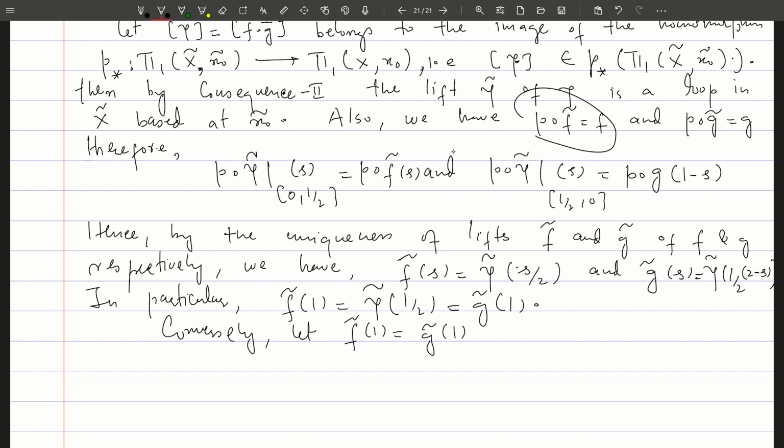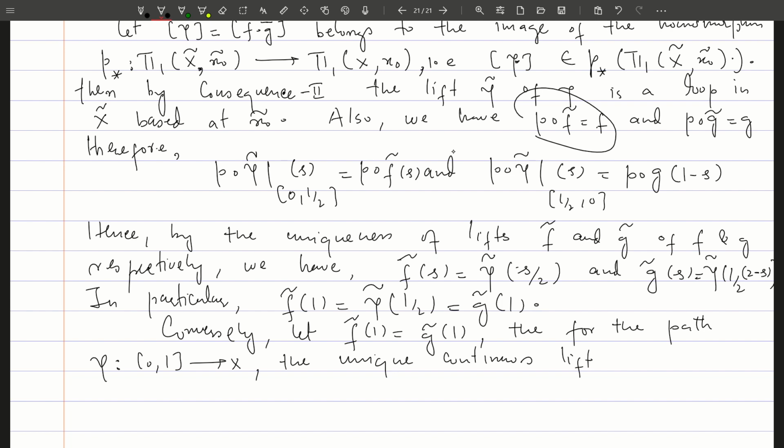So then for the path gamma from 0 1 to x, we want the unique continuous lift gamma tilde of gamma.